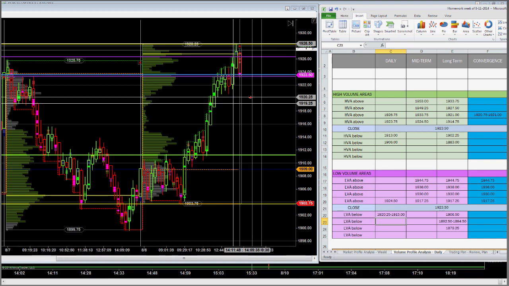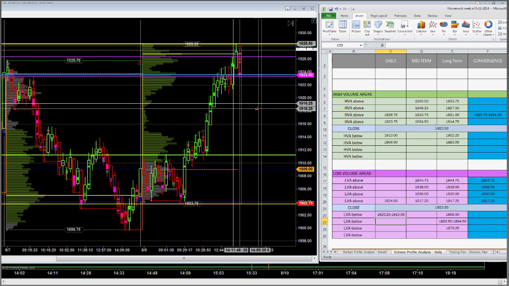It doesn't prove anything to be willing to hold a trade for a certain amount of time. Because here's what I want you to understand. If price comes through this area, it might turn at 1875. So this is the way you have to look at it. If the print tells you to get in at 2050, 2025, and you get in that trade, you have to be able to say, I am willing to carry that trade down through this low volume area to 18.